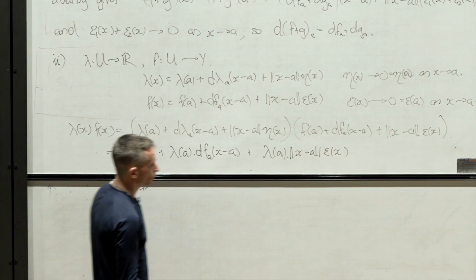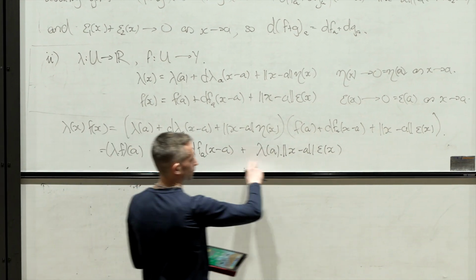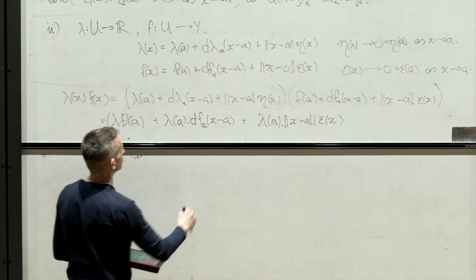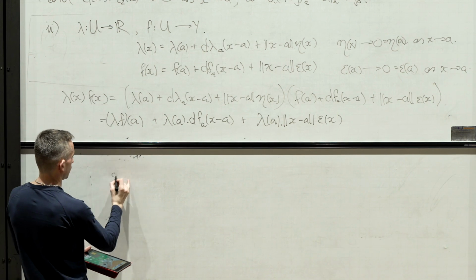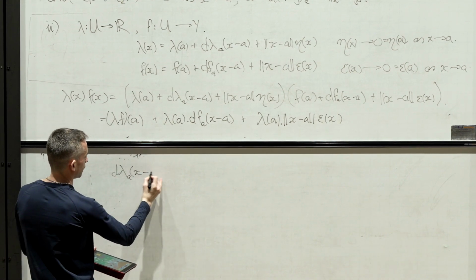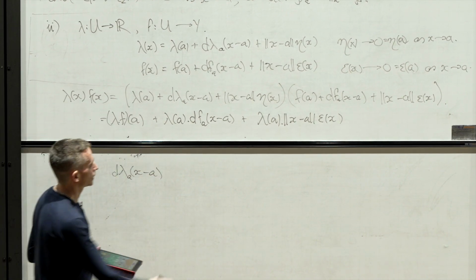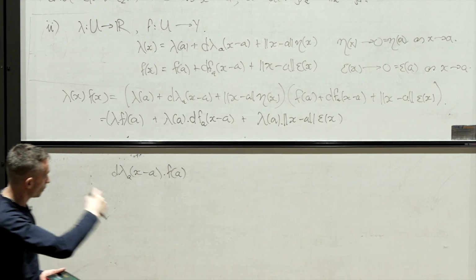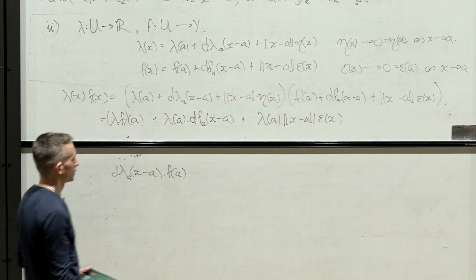So this will go to 0. This we can put in an error term. What about the next factor? That gives us the derivative of lambda at a applied to x minus a times f of a. That's the other part of what I was declaring the derivative will be.